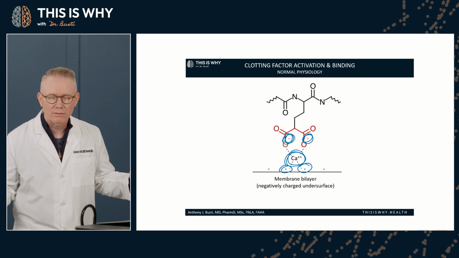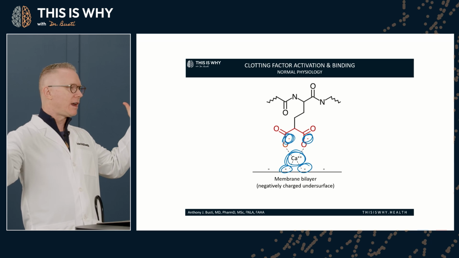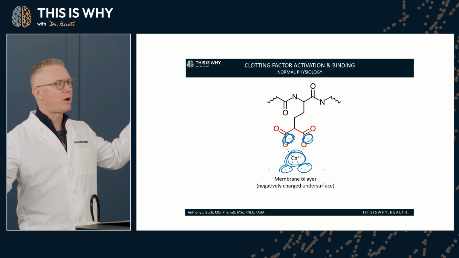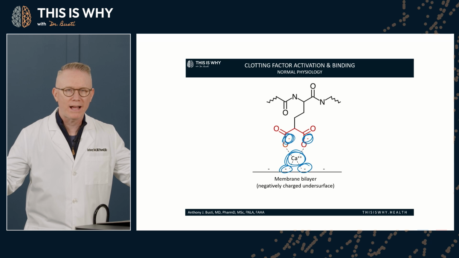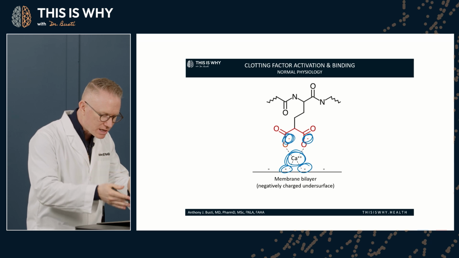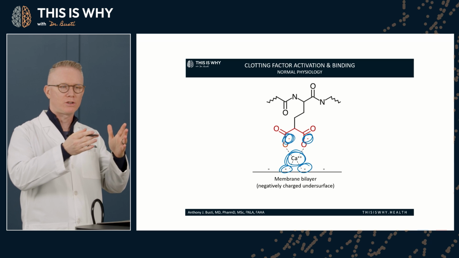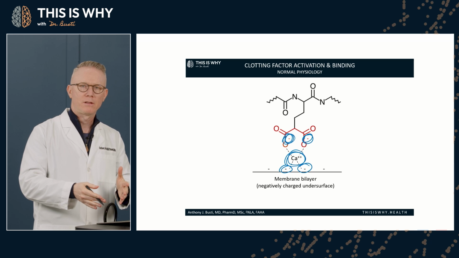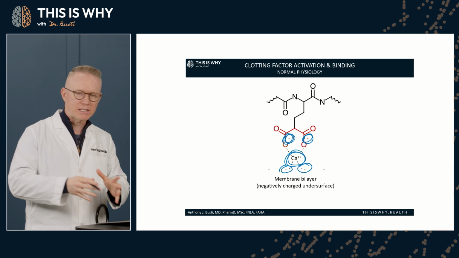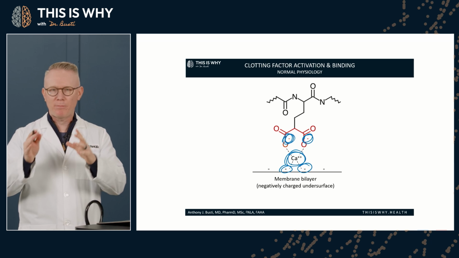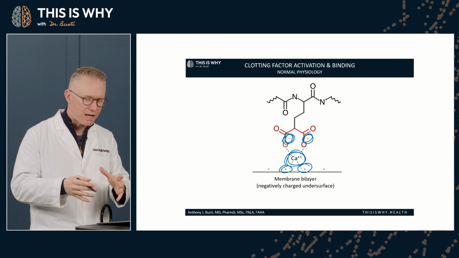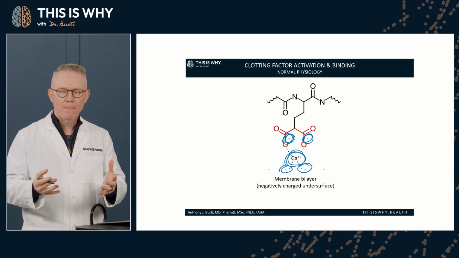We want that. We don't want clotting factors getting active just wherever they want to in the whole body. That's not a good idea. We want it to be at the site where the injury has occurred so we don't bleed to death. So these are strategically released and modulated in that environment by those cells physiologically, the way they were designed.